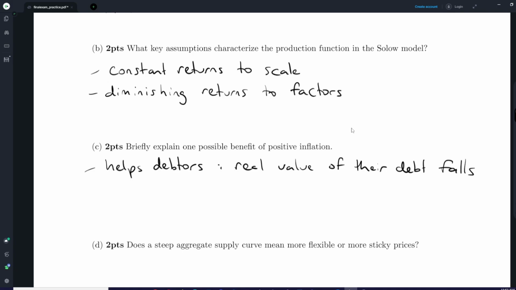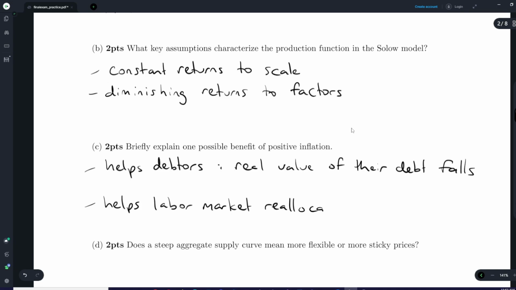But since this is an answer key, I'd like to tackle another one, which is maybe it helps labor market reallocation, right? The idea is that humans are not entirely rational, and so they feel differently about getting a 2% raise with 2% inflation than a 0% raise with 0% inflation.